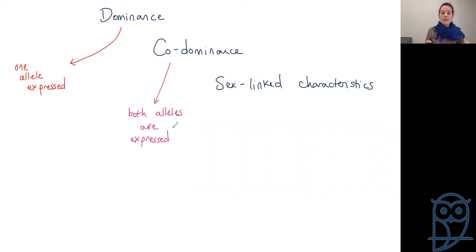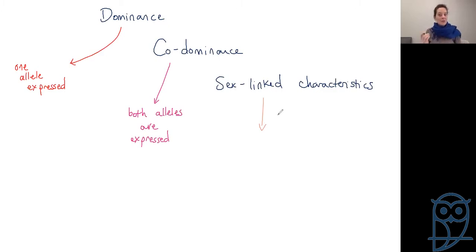So dominance is when one allele is expressed. Codominance, more than one allele is expressed. Sex-linked characteristics: obviously, chromosomes are sex-linked because we have X and Y chromosomes, but sex-linked characteristics have a different thing going on. Remember we said that the dominant allele is the one that's expressed.